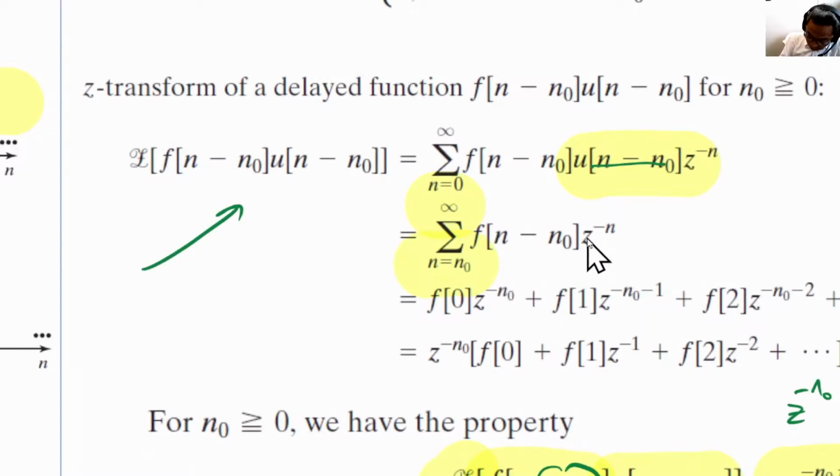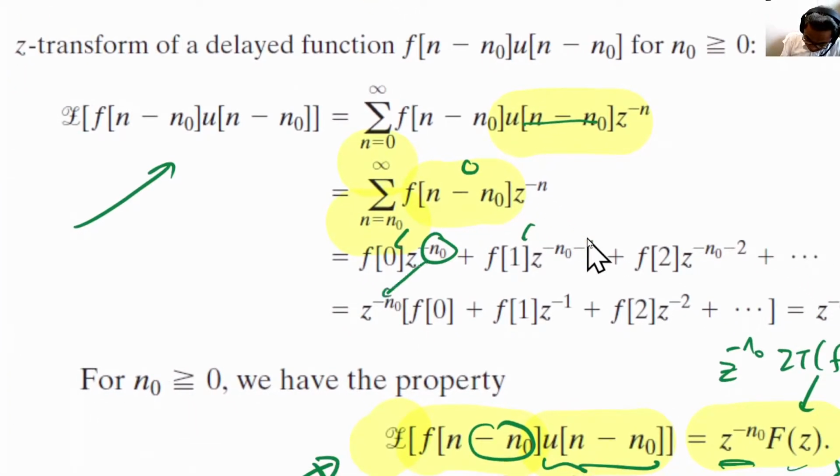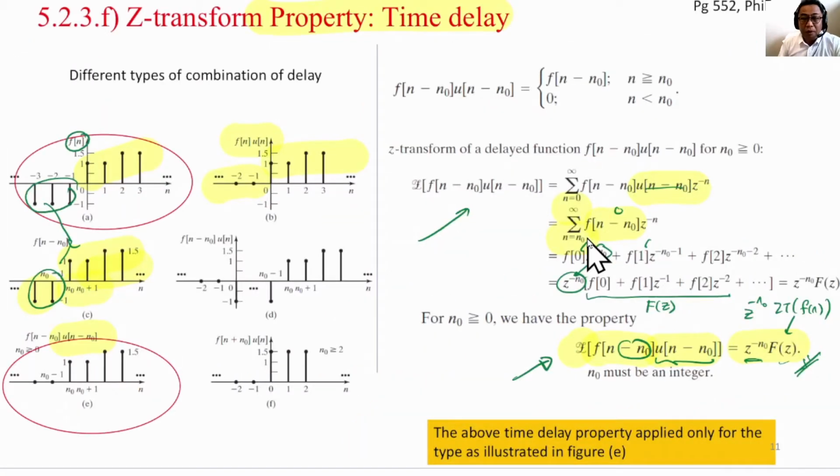Now we substitute n minus n0 to begin from 0, and therefore we reduce to this expression such that z^(-n0) can be pulled out, and this becomes F(z), the original expression. So this is the time delay property.